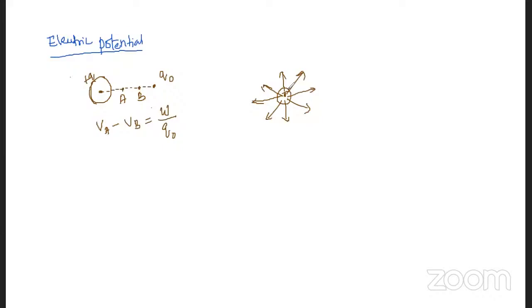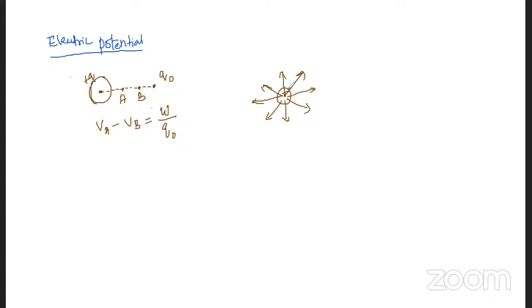An equipotential surface within an electric field is a surface on which the potential is the same at every point. In other words, the locus of all points which have the same electric potential is called an equipotential surface.